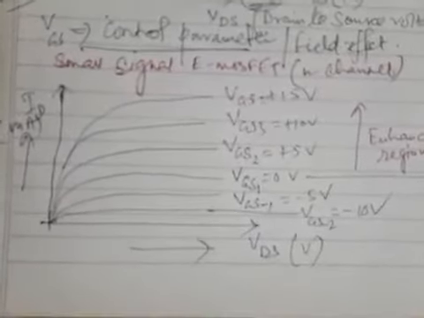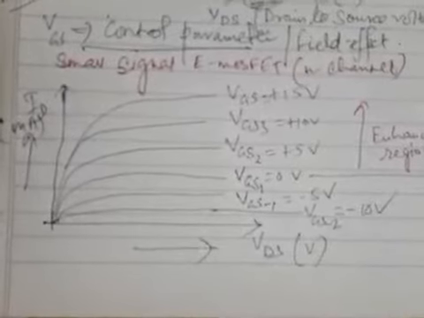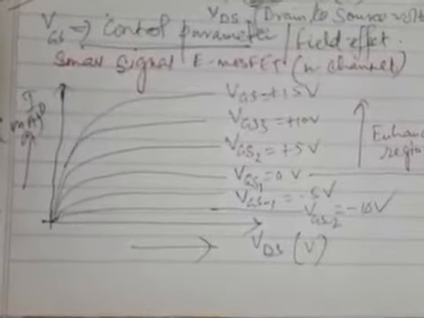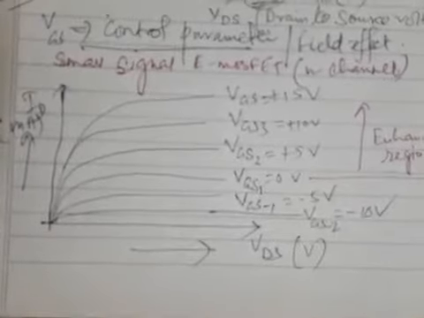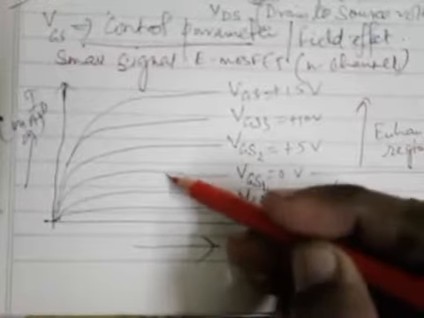More and more the depletion layer width inside the channel will be increased, reducing the channel width, and as a result of that the conductivity of the channel will be decreased, and that will in turn decrease the amount of drain current. So you can see in the diagram that the family of curves is going downward.